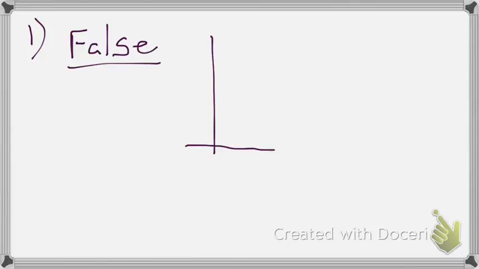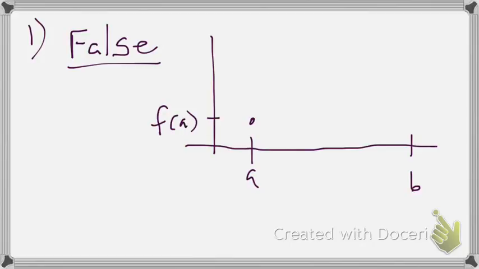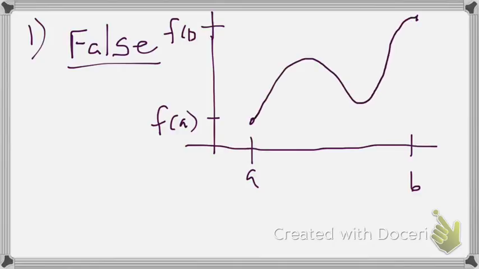This is not necessarily true, but it could be true. A lot of this is going to depend on your explanation. I think false. Here is A, here is B. There is f of A. There is f of B. Now, if it looked like that, C could be right here, and f prime of C would be 0.